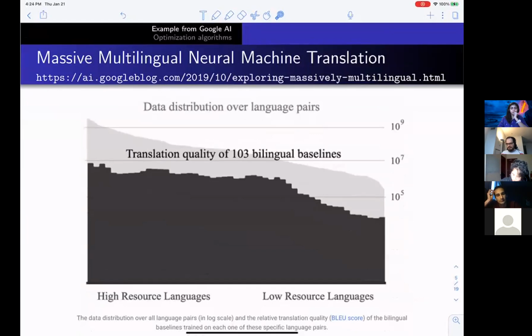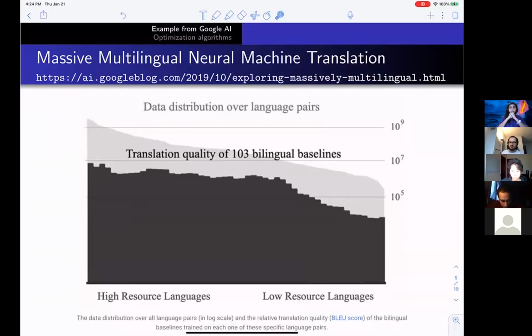Now, what's interesting about the problem is that there are languages in which the number of sentences that you have of that language is large on the internet. And there are languages in which the number of sentences that you have is very small.